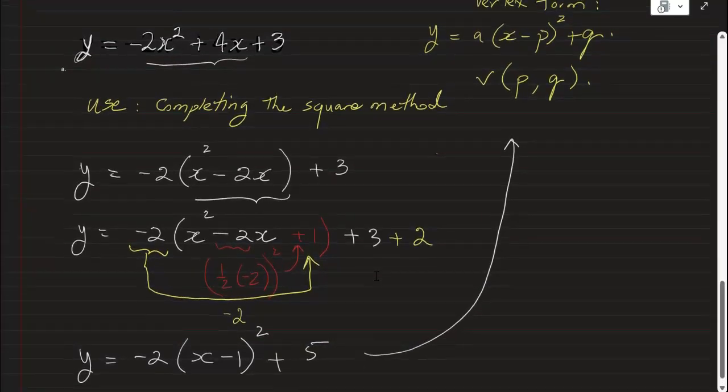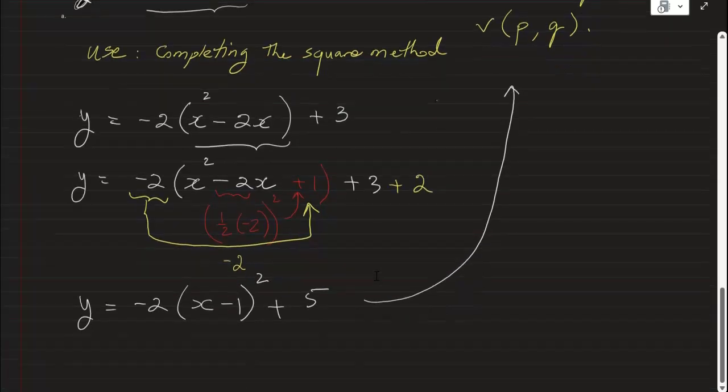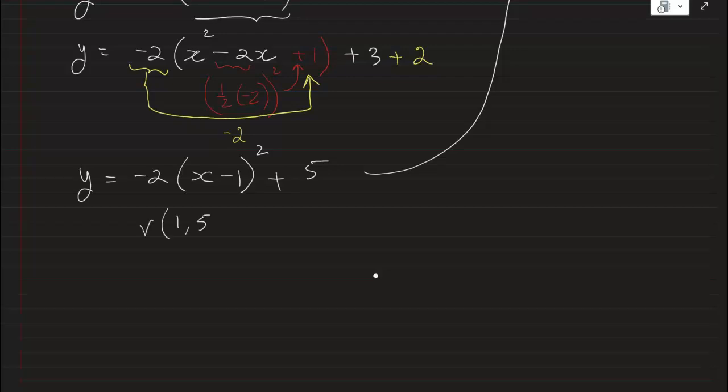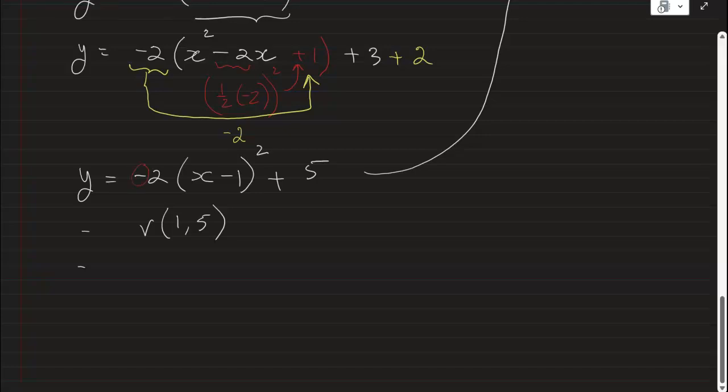Now we can read off information from the equation. So first things first, we know that the vertex is (1, 5). That's number 1. The next thing is that the graph is inverted. That means reflection. So this negative in front is a reflection over the x-axis.